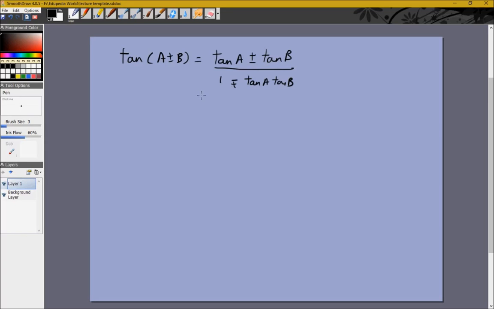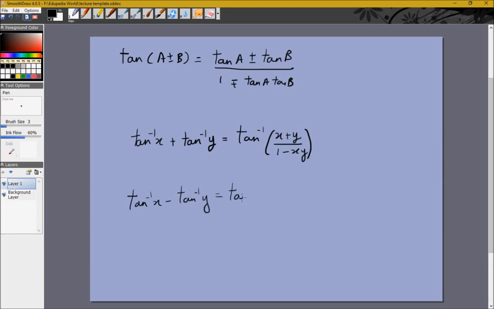So from this we can get two properties. Tan inverse x plus tan inverse y is equal to tan inverse of x plus y by 1 minus xy, and tan inverse x minus tan inverse y is equal to, you guessed it, tan inverse of x minus y by 1 plus xy.